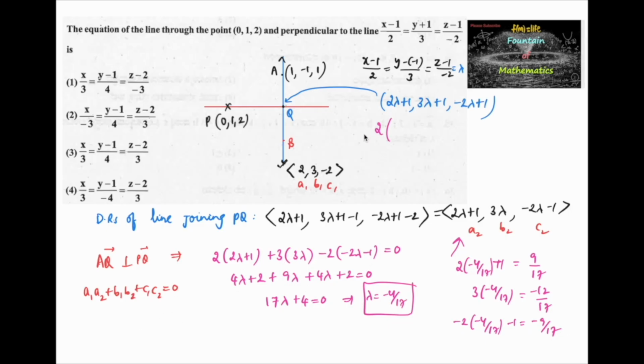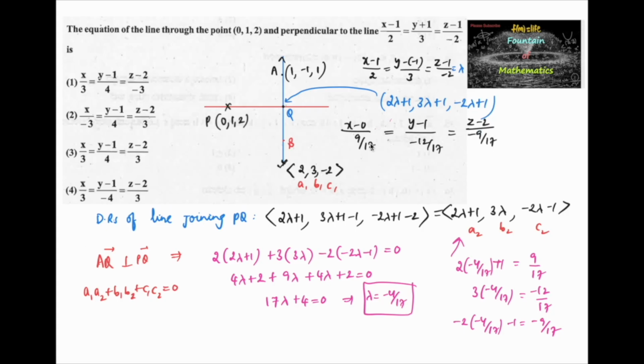So we can say the equation of the line passing through the point (0, 1, 2) can be given by (x − 0) divided by the direction ratio 9/17, which is equal to (y − 1) divided by −12/17, which is equal to (z − 2) divided by −9/17.